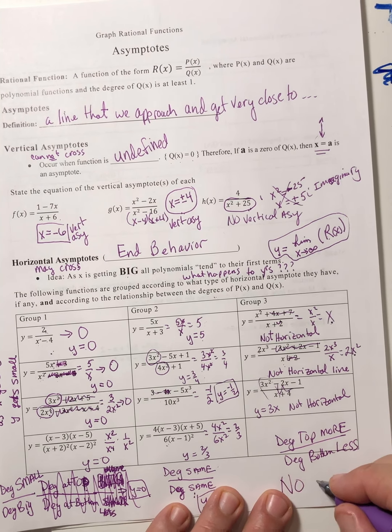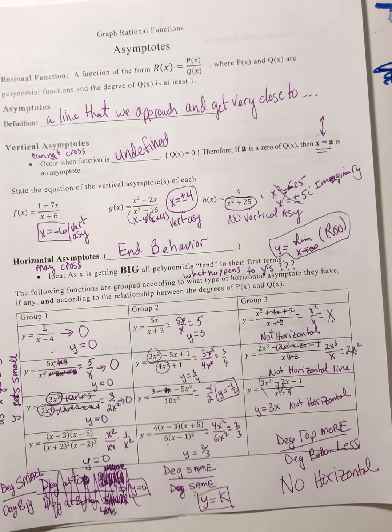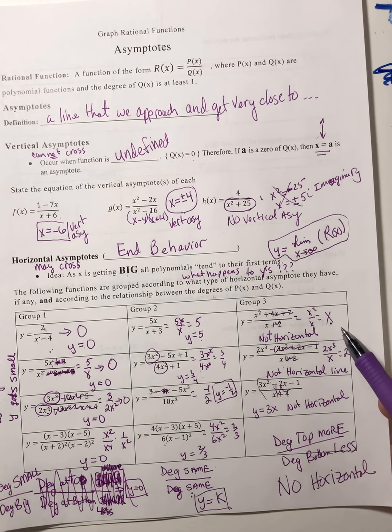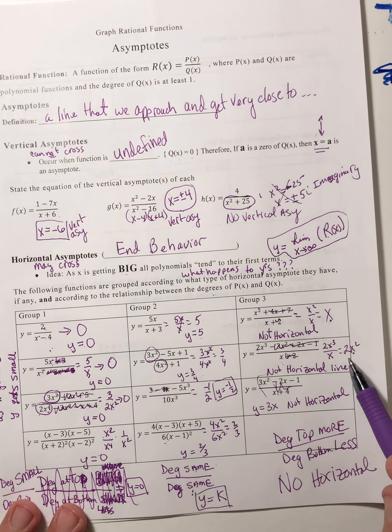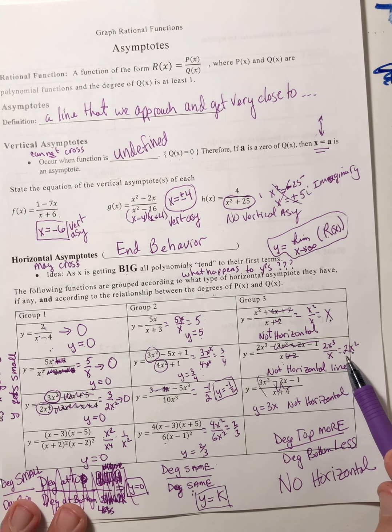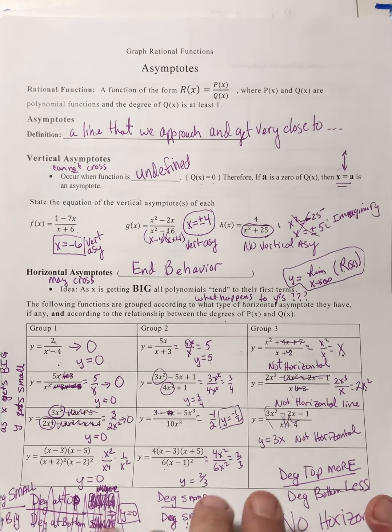No horizontal asymptote, because when you reduce them, they are not horizontal lines. This is an oblique line. This is a parabola. You'd have a parabolic asymptote on the ends.